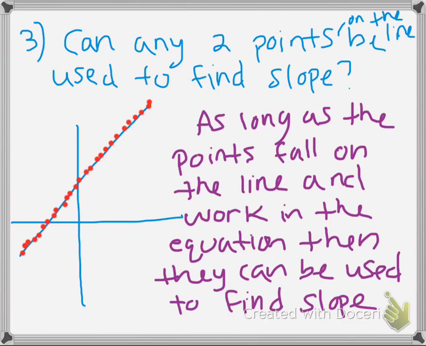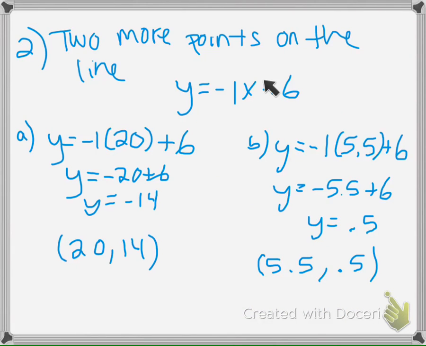Okay, and what I mean by work in the equation is if I take the coordinate point and put the x value in here and the y value in here and solved, it should work.